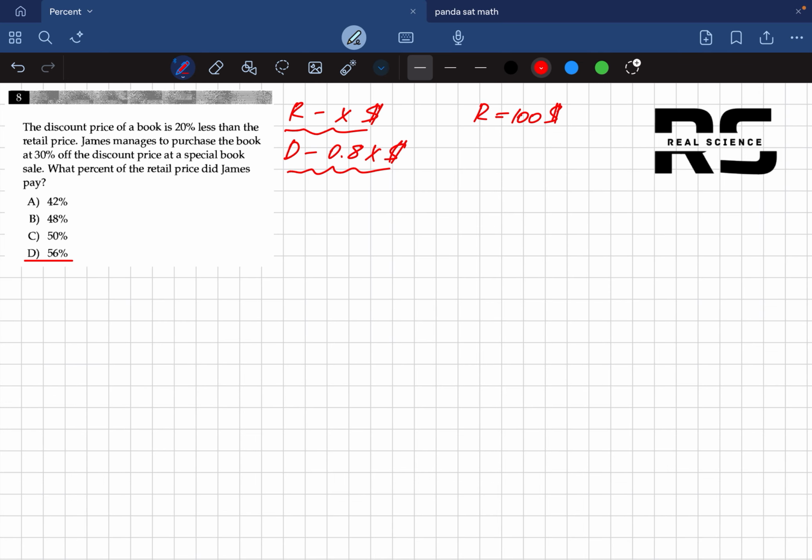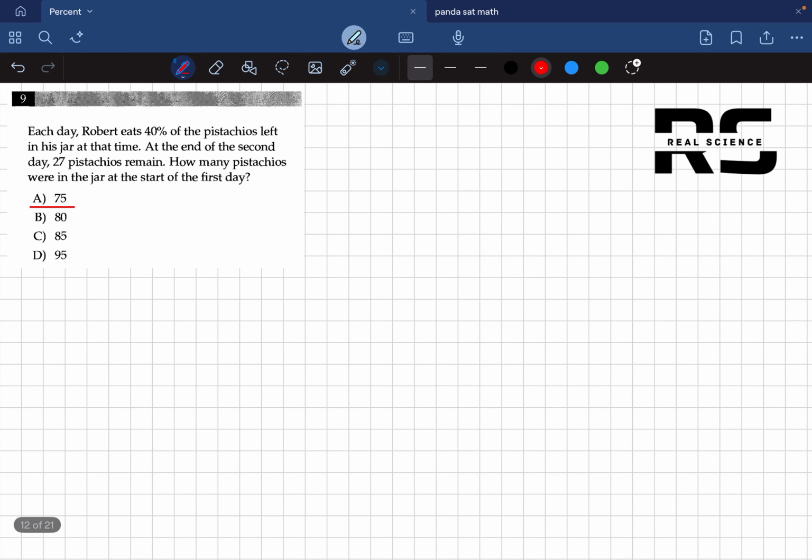Let's say that the retail price is $100 and the discounted price is $80, and out of this discounted price I get one more time the discount of 30%, meaning that now the price is 70% of $80. So in order to find 70% of $80, I just multiply 0.7 by 80. That's going to be $56. This is our answer. Let's look at number 9.